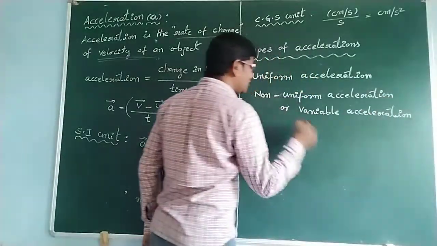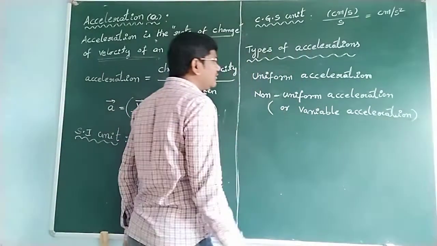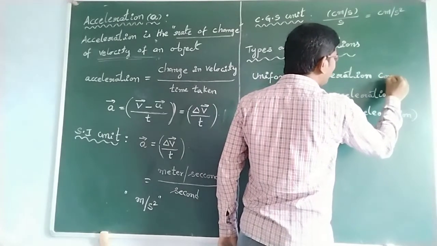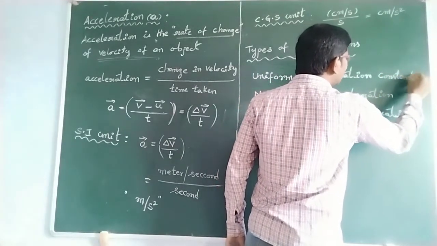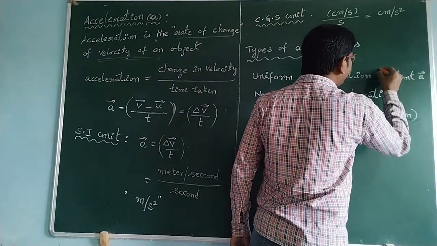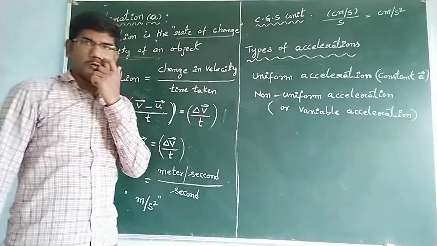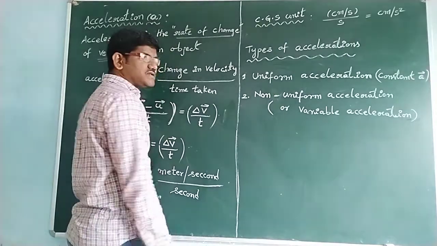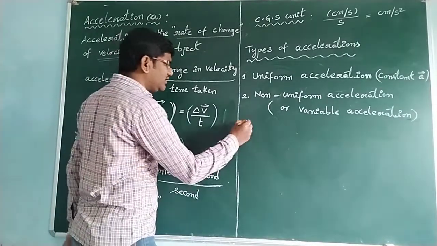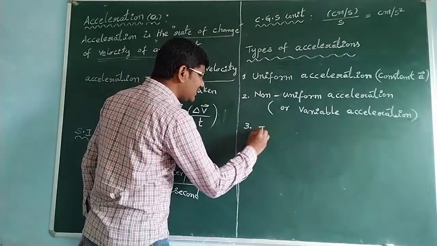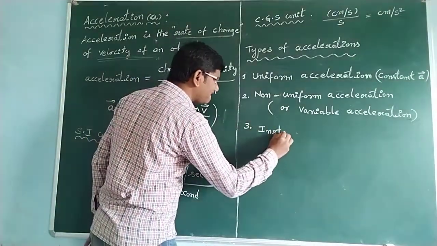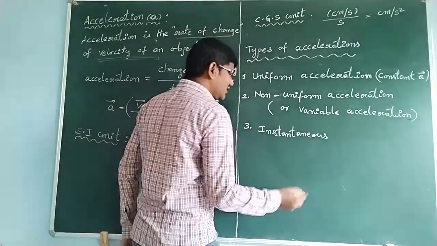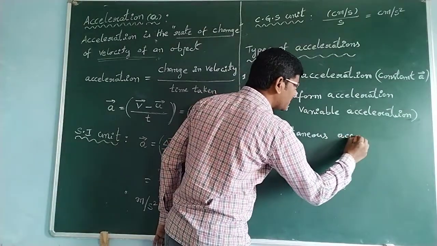Uniform acceleration is also called constant acceleration. So these are the types of accelerations, and the third one is instantaneous acceleration.